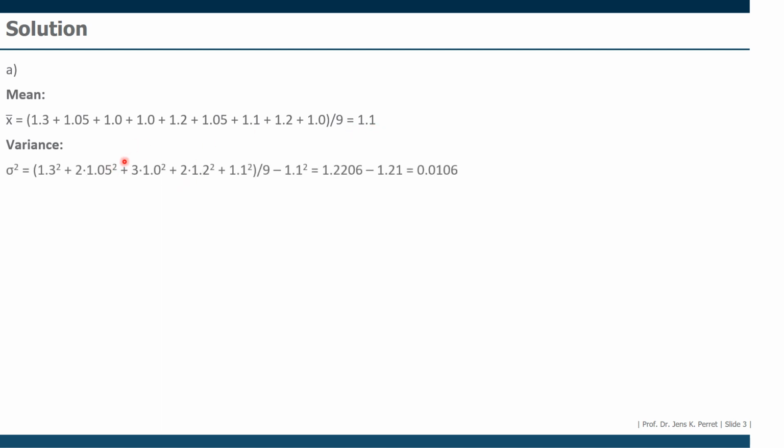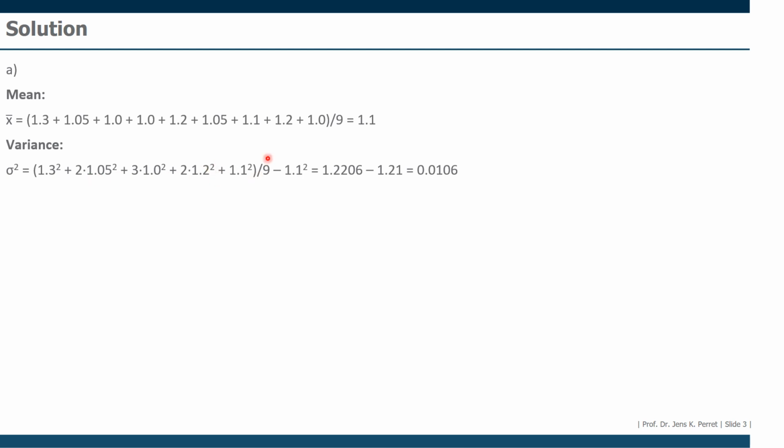Here we can use the simplification of just squaring all these values and adding them up. I see 1.05 twice here, so it can just go 2 times 1.05 to the power of 2. So I square all the values and summarize this a little bit more.